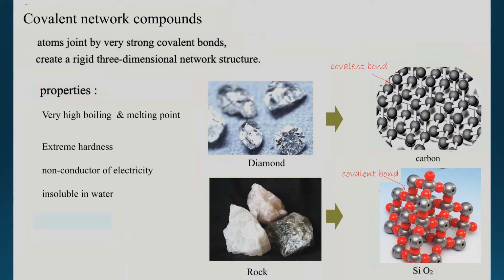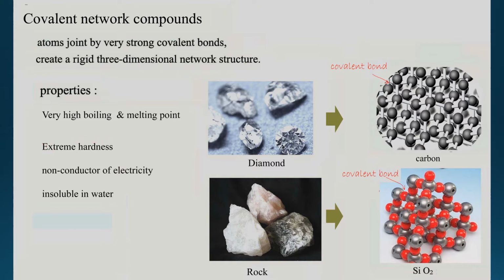This explains why you have such a high boiling and melting point. If you imagine melting a rock, it takes 3,000 to 4,000 degrees, even higher than melting metal. And when you talk about hardness, diamond is the hardest substance on earth, so this structure gives extreme hardness.